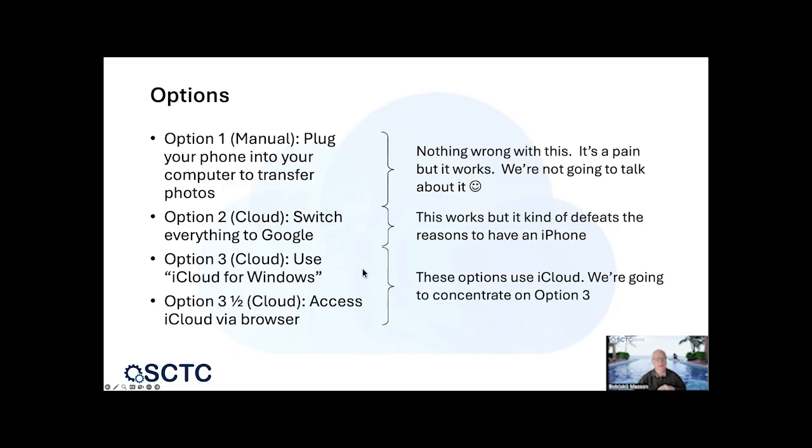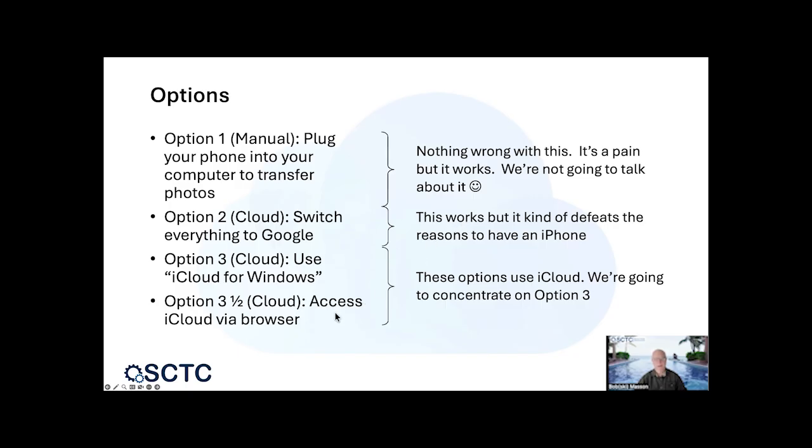Then we're going to use the 3 and 3.5 options. The first one is to look at an app called iCloud for Windows. And that's really going to be the core of this. What we're going to talk about for the remaining time pretty much is this app called iCloud for Windows.